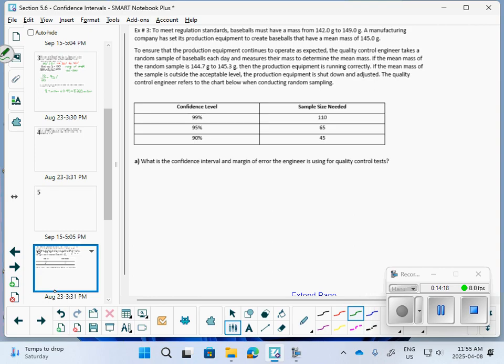Any guesses? There's a lot of information in that sentence. It says the engineer, so the second half is the engineer part. What was the range for the mass for the engineer?